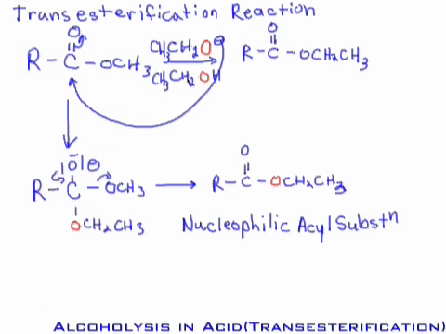Okay, how does this reaction proceed in acid? Well, we've already had the reaction mechanism in water. The only change we have to make to it is that wherever there was an H2O molecule, all we have to do is add an alcohol.